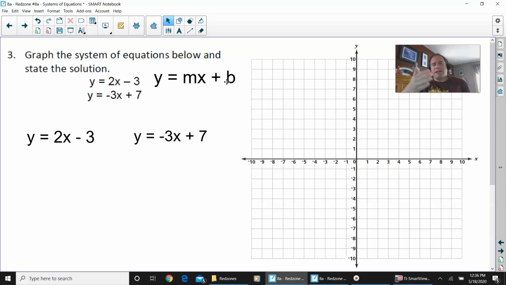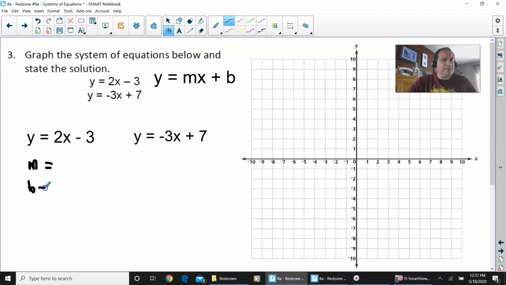The slope tells you the incline or decline of the line. So from the y-intercept, the first point, you're going to either go up, down, left, or right, depending on the slope. So the first thing that I do all the time is to put the m down for the slope and the b down for the y-intercept for the first equation.